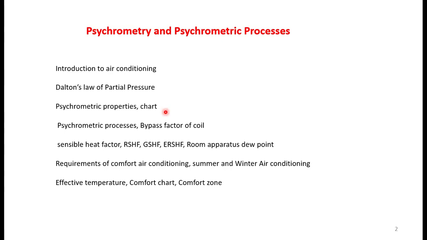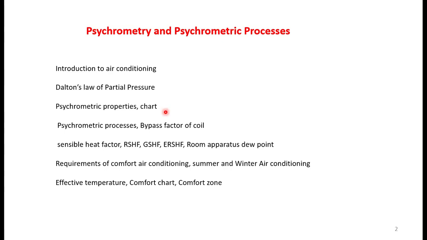Then we'll be discussing the psychrometric processes. There would be around 6 to 8 different psychrometric processes, and these processes are used to get the final required condition of the air as per our requirement. Because you will have the surrounding air at different pressures, different temperatures, different properties, and your requirements will be different. Your requirement of the process in summer may be different from winter, and it may also depend upon the type of application for which you are conditioning the air.